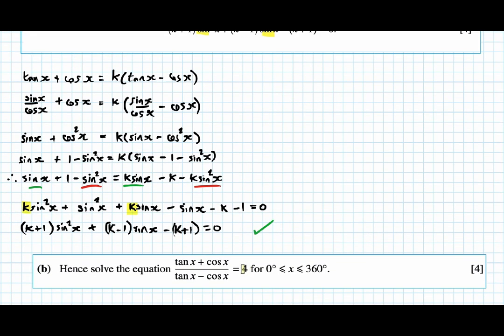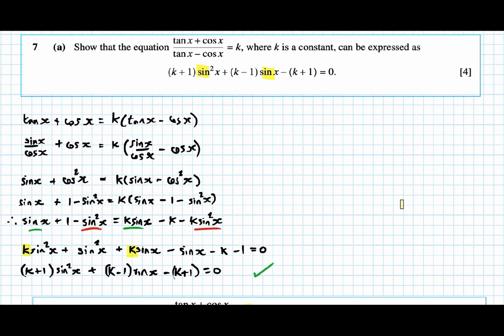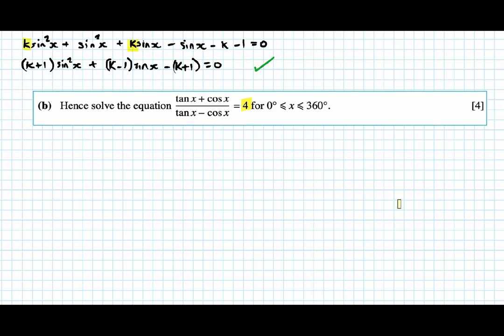Okay, next bit. Hence, so we're using something from the answer of the previous part of the question to solve this one. All of that was equal to 4, and we're given a parameter range as well, in terms of our sine graph, or the unit circle. If you put that together with k plus 1 and k minus 1, you'll have 5 sine squared x plus 3 sine x minus 5 is equal to 0. Can we factorize?